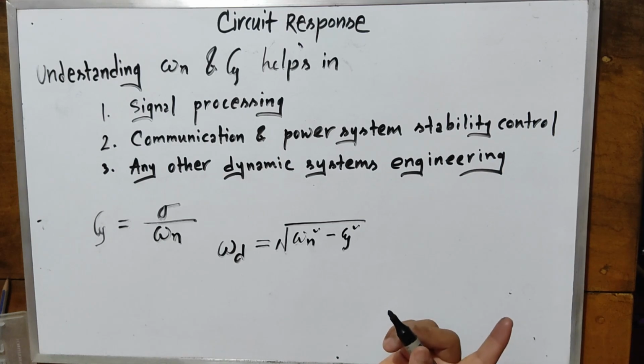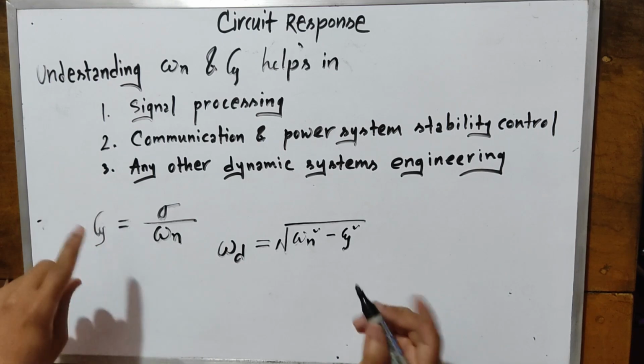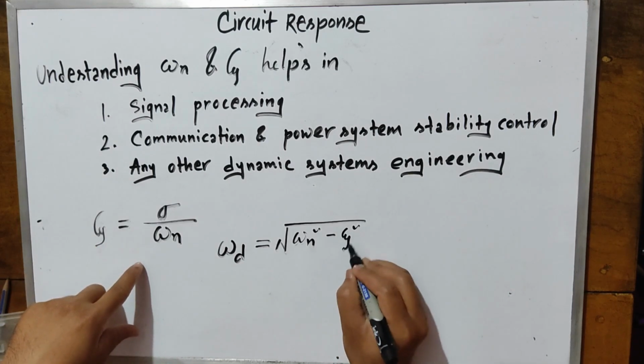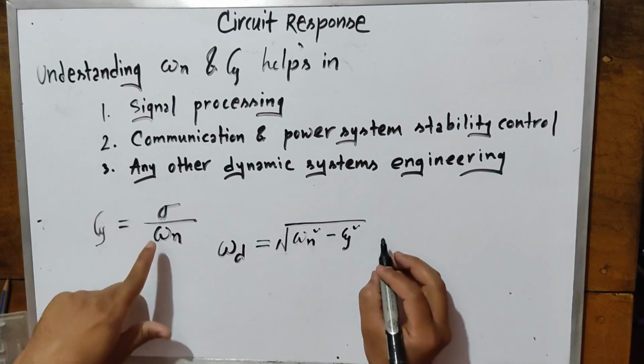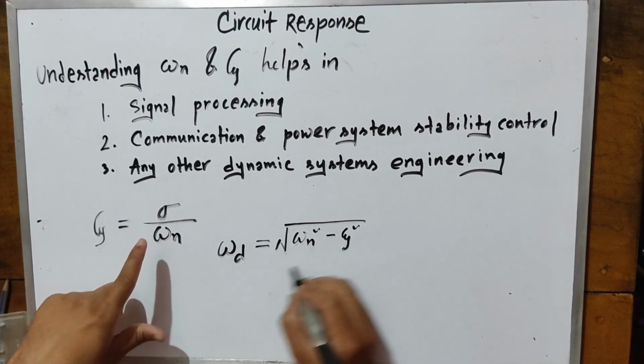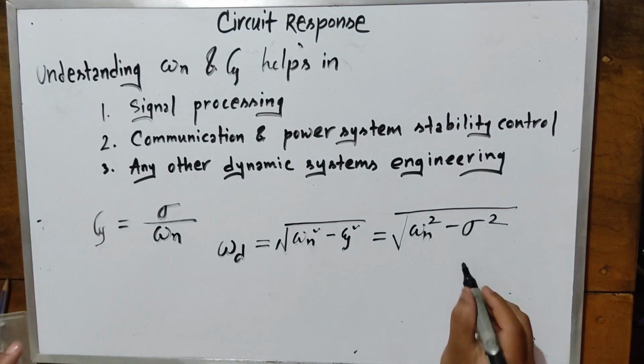As psi is this ratio, this coefficient becomes the Napier frequency.